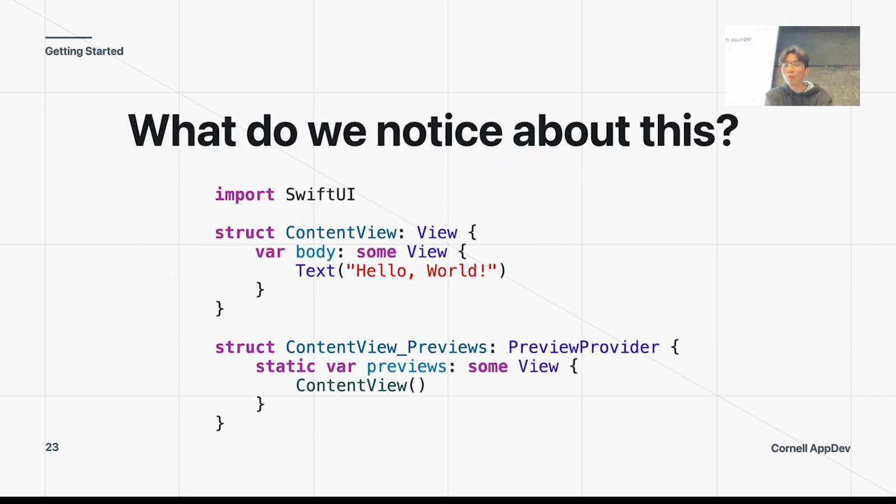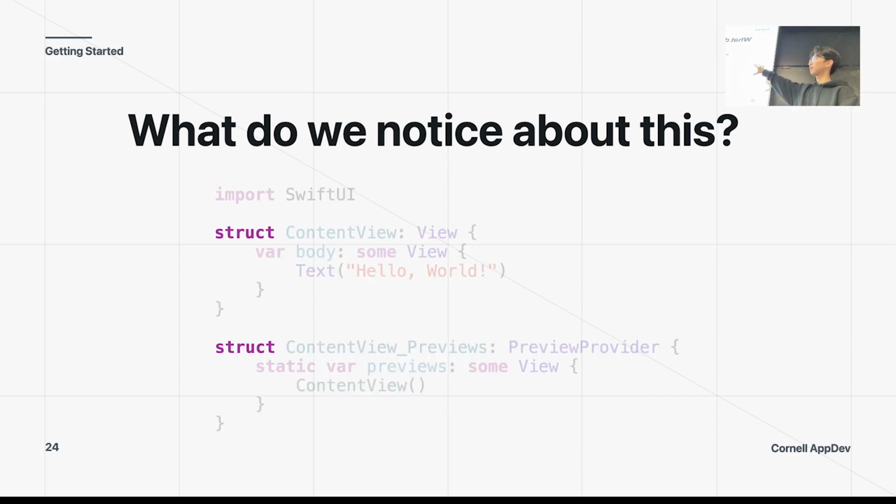So now, what do we notice about the starter code? Well, in UIKit, if you create a view controller, you start with a class, say my view controller, extending the UI view controller class. But in this case, you can notice that there are only structs.